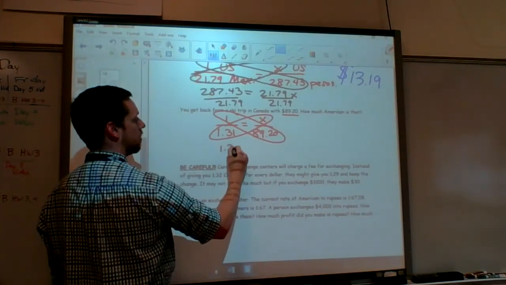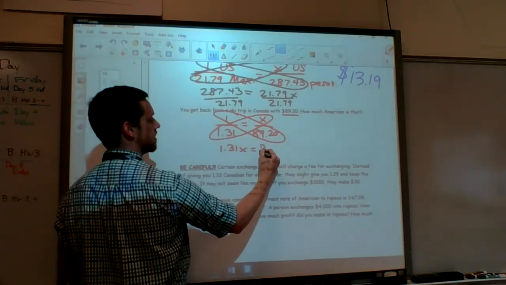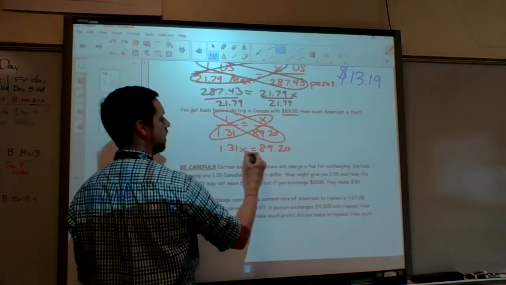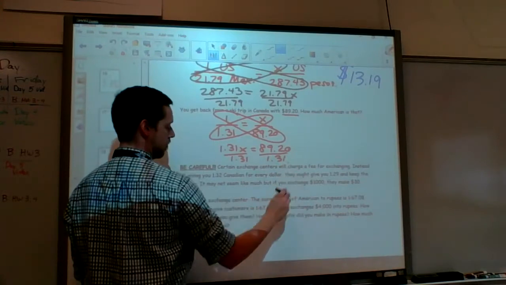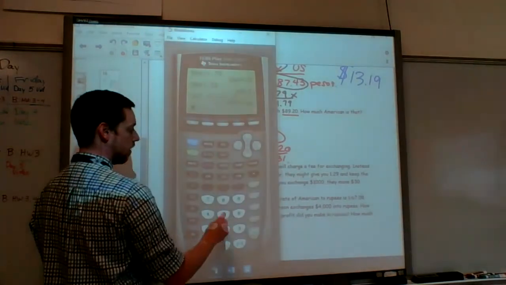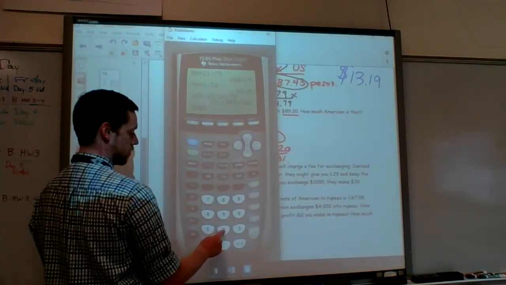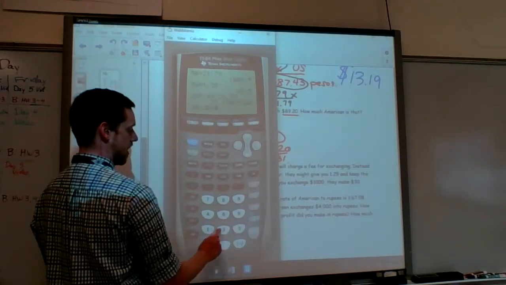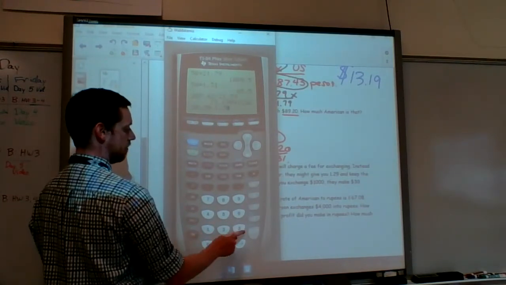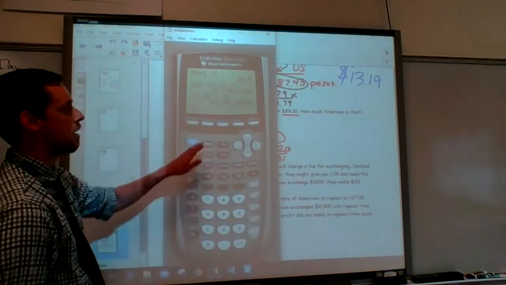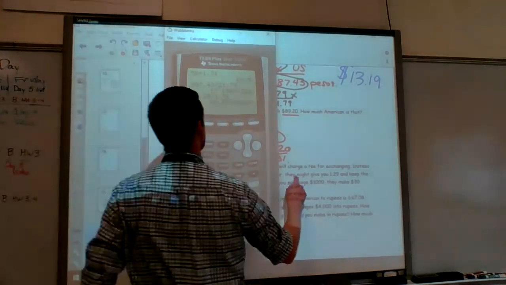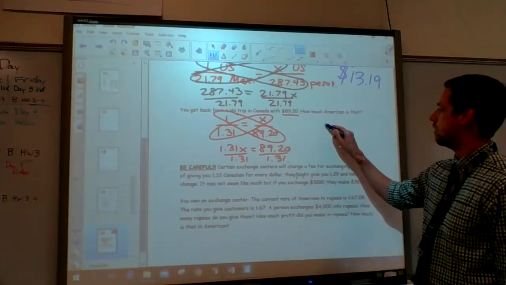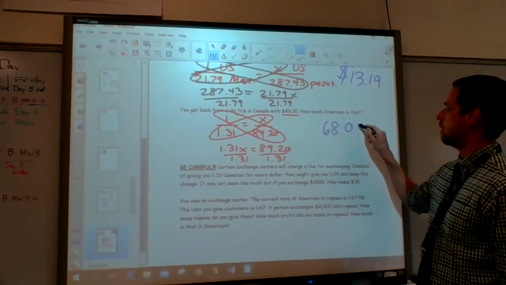I get 1.31x equals 89.20. If you divide by 1.31, put it in the calculator. 89.20 divided by 1.31. We're coming back with about $68.09.